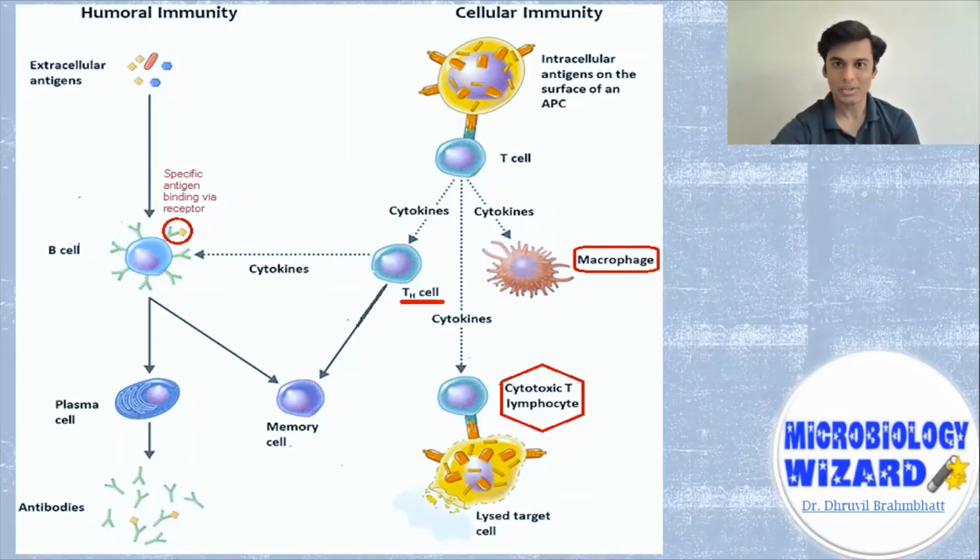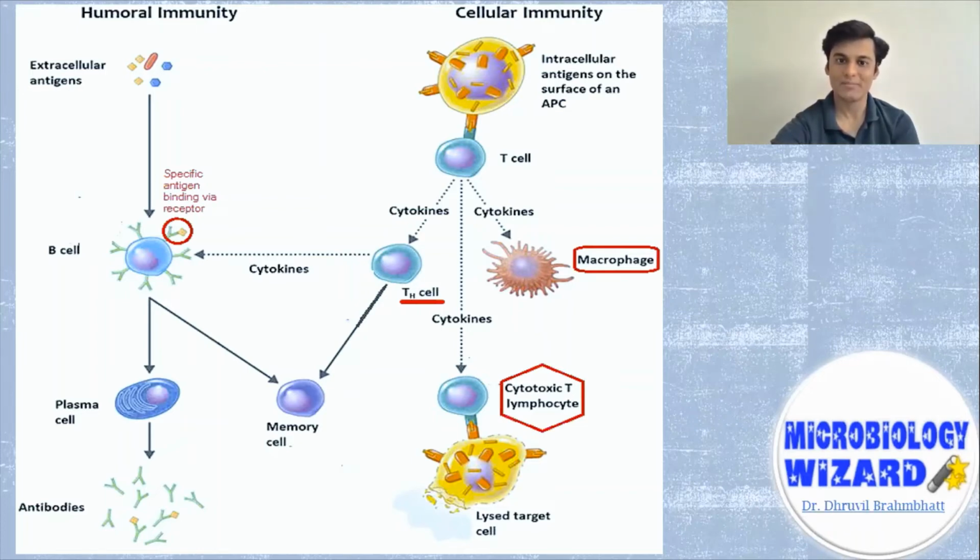Now let's talk about humoral immunity in detail. When there is any extracellular antigen in our body, it triggers the immune system to defend against these antigens or pathogens. The B cells come into action. The B cell binds to the antigens for which it is specific via receptors, following which it takes help from T cells, referred to as T helper cells, which are obtained from cellular immunity.